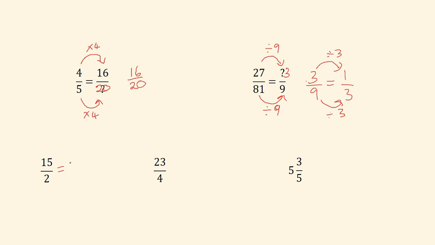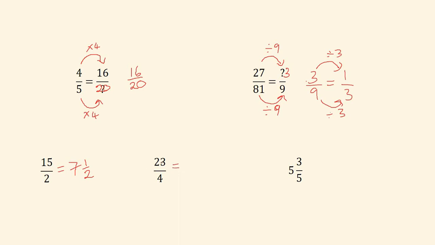Well, it goes in 7 times, because 7 times 2 would be 14, and then I've got 1 left over. So therefore it's 7 whole ones and 1 half. So you could think about having the 7 circles that you could fill up with halves, and then you'd have 1 left over.